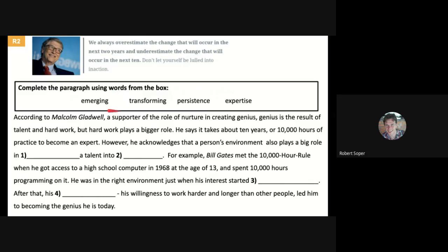Okay, now that you've thought about that, also think about the meaning of these words so you have a good idea of what they mean. You should already have a good idea of what they mean at this point. And then begin reading this paragraph.